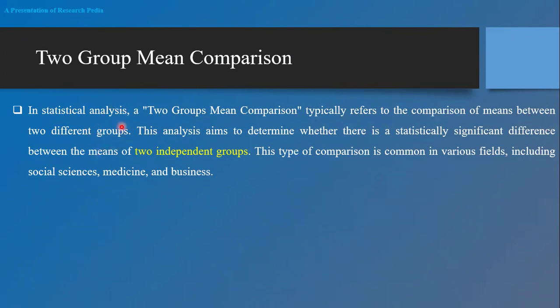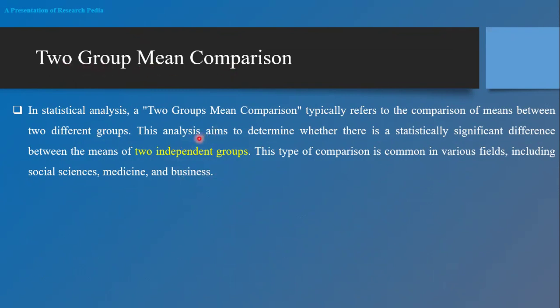So when there are two different groups, you are going to discuss the mean comparison between two different groups. This analysis aims to determine whether there is a statistically significant difference between the means of two independent groups. Always remember that we are dealing with two independent groups in case of two group mean comparison.